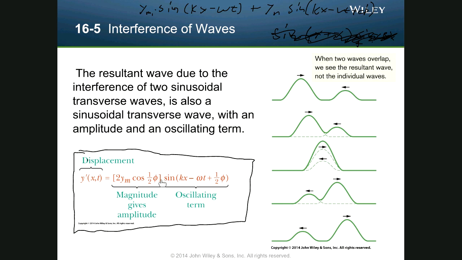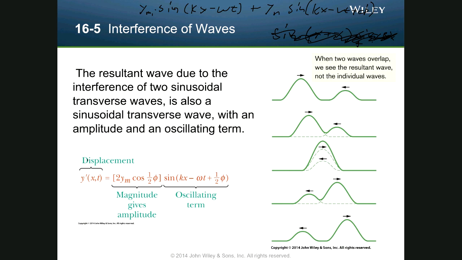So I want you to note something. If the two waves are identical, right? If phi is 0, cosine of 0 is 1, right? So let me look at that. I want to write some stuff down, so I want to get rid of this box. So if phi is 0, and that means the two waves are identical, right?